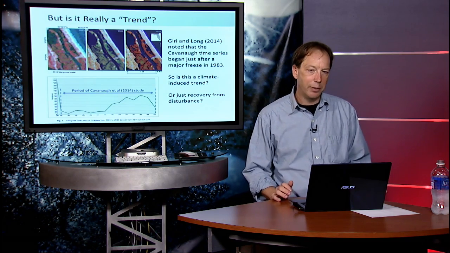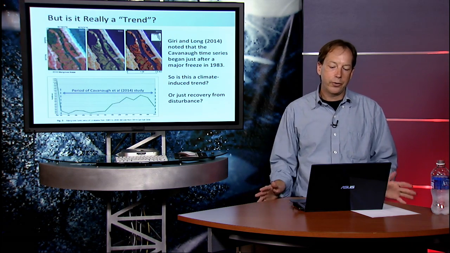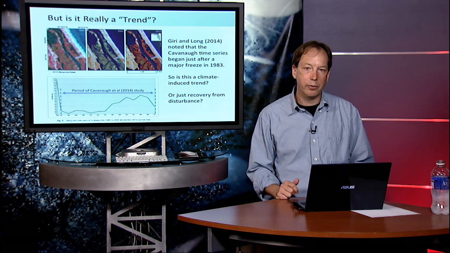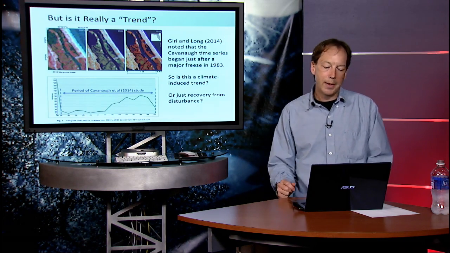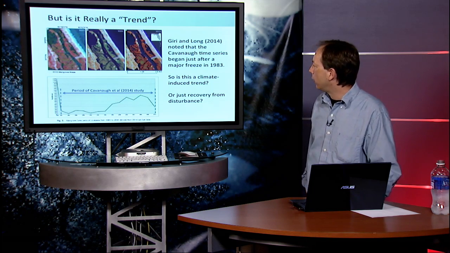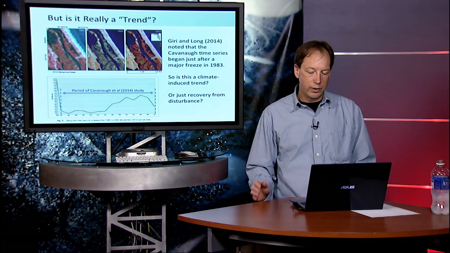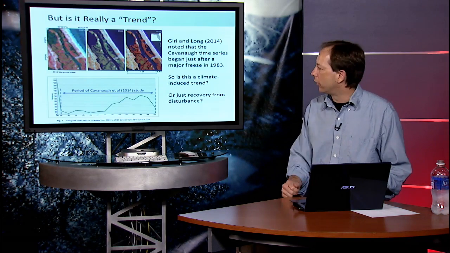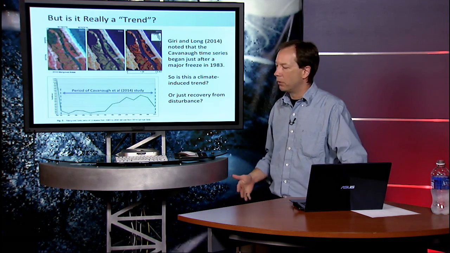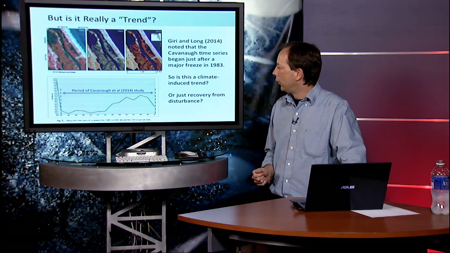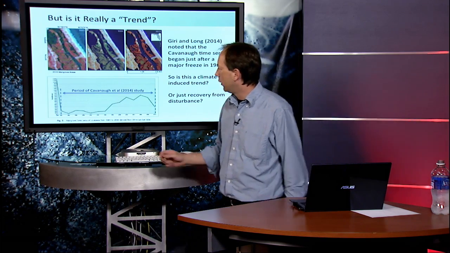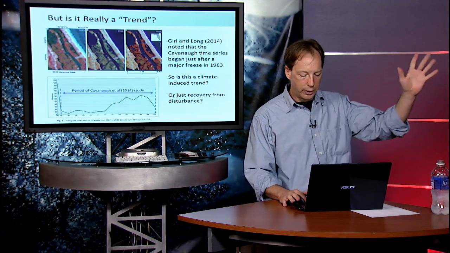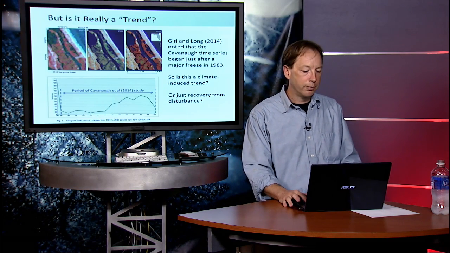Is this actually a climate-related trend, or is this just a recovery from some periodic disturbance that could have happened 100 years ago or 200 years ago? It brings up a key point, which is that our satellite record, although 40 years is great, it's not that long compared to the time scale over which climate evolves and Earth processes evolve. So you have to be very careful when you're looking at trends, that you're actually looking at a secular trend and not just a periodic disturbance.